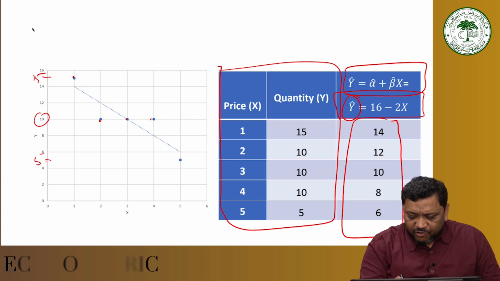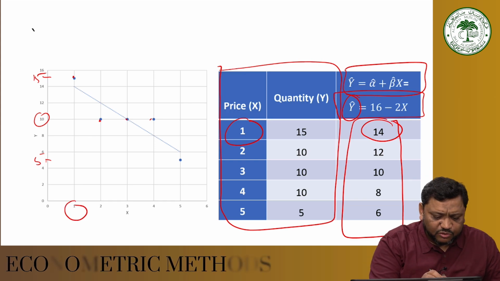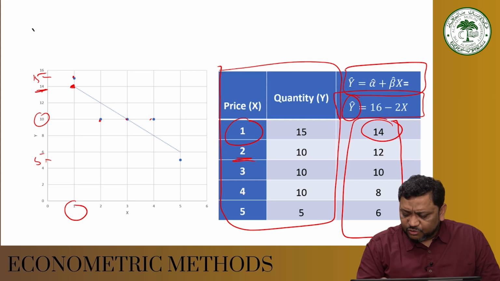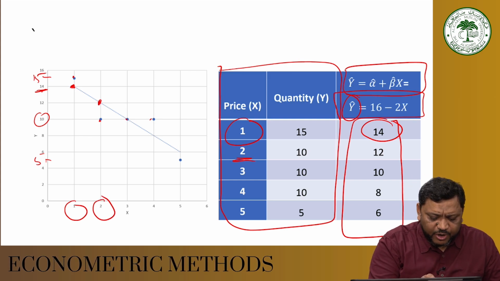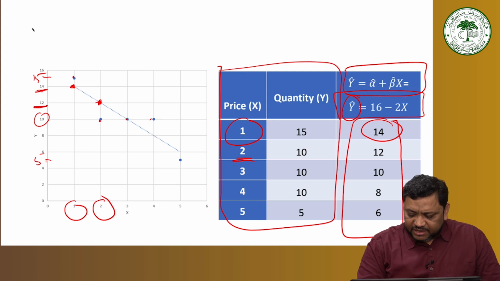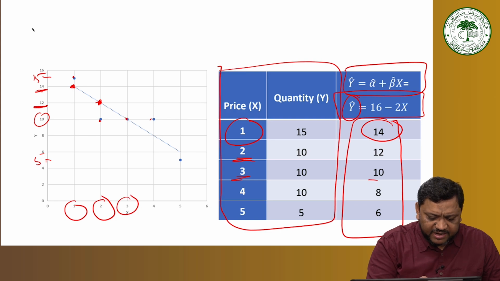Now let us see, when x is equal to 1, y hat is 14. We get this point. When x is equal to 2, y hat is 12. See, here it is 12. When x is equal to 3, y hat is equal to 10.